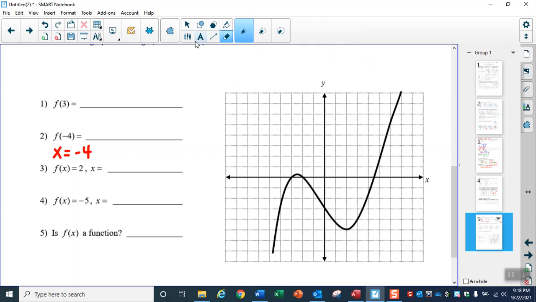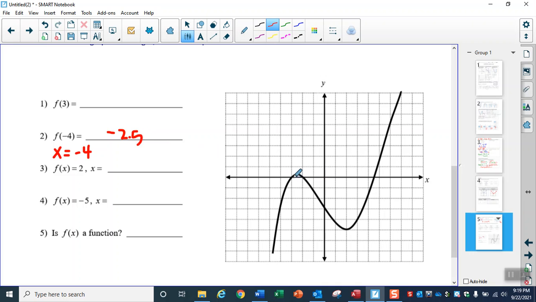It kind of looks like it's in the middle. We'll say y is -2.5. I might be overthinking that.